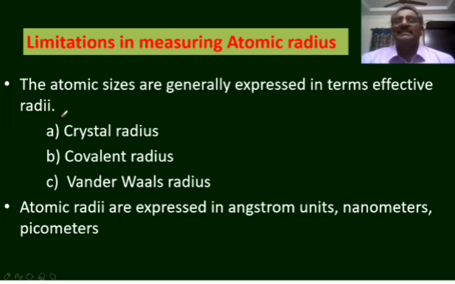The atomic radii are generally expressed in terms of effective radii. So these are usually expressed in terms of crystal radius, covalent radius, and van der Waals radius. Let us see what crystal radius is.